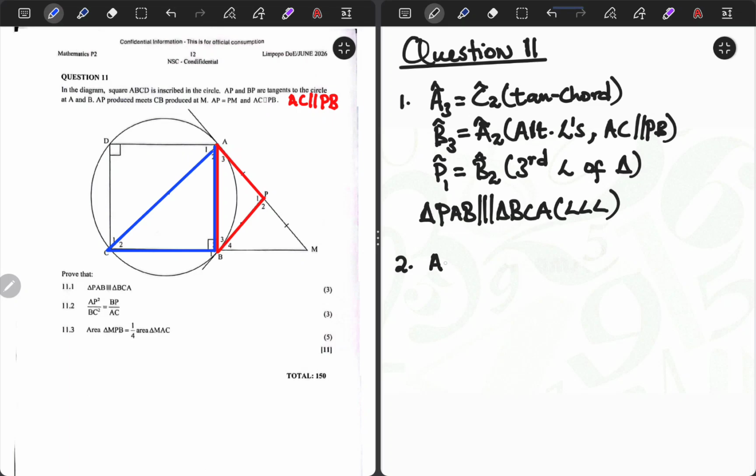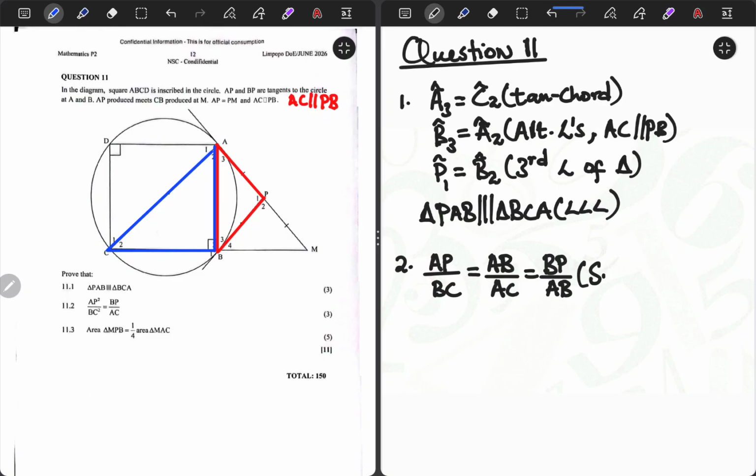We're going to have AP over BC, which is equal to AB over AC, which is then equal to PB over AB.